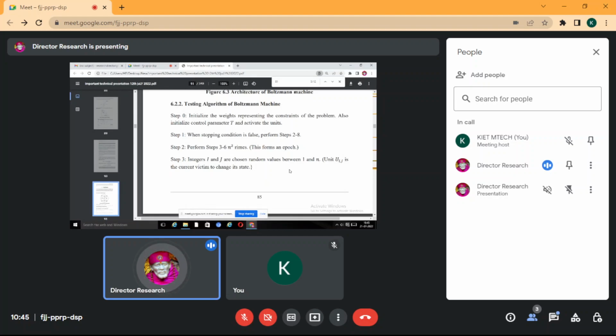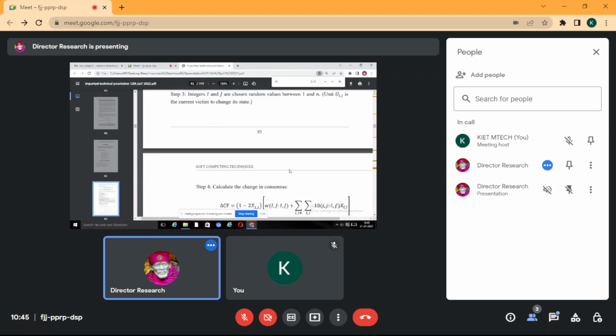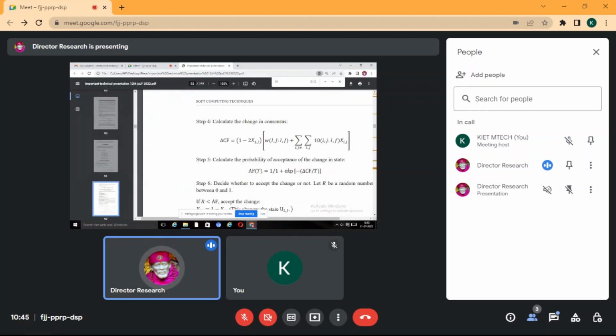Step 3: integers I and j are chosen as random values between 1 and n. Step 4: calculate the change in consciousness, delta CF. Step 5: calculate the probability of acceptance. Step 6: decide whether to accept the change or not.